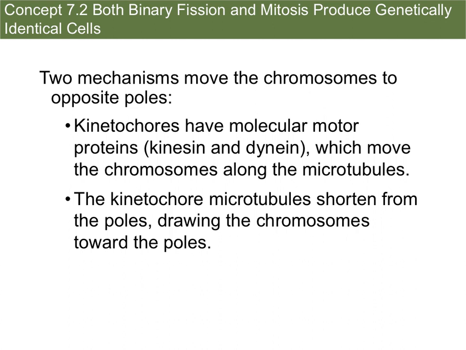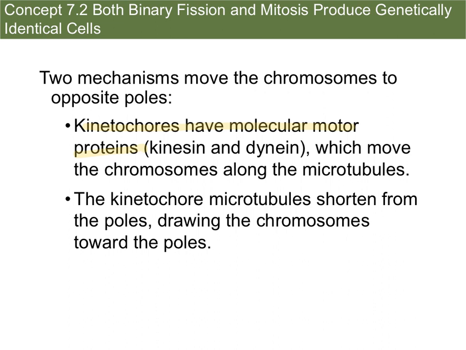So those sister chromatids are separated and moved to opposite poles of the cell through two mechanisms. The first is that those kinetochores have molecular motor proteins. So these are special proteins that are able to move those chromosomes along the microtubules.